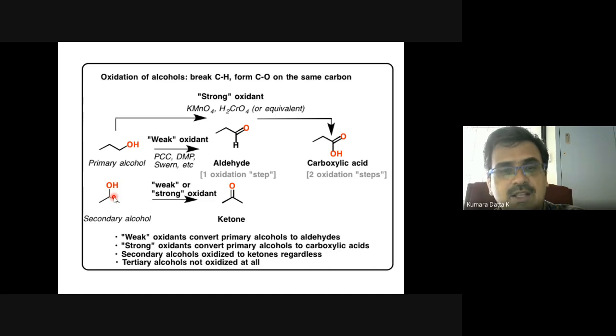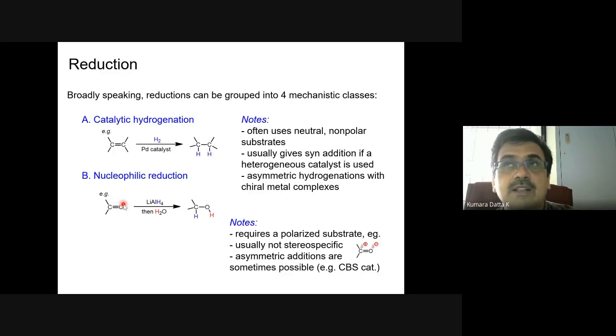Now let us look at the reduction aspects. We have looked at oxidation, like adding an oxygen functional group or removing hydrogen. Now let us add hydrogen. Many of you are already aware of this, but before we move on to the reduction reactions, let us classify reduction into 4 different classes.